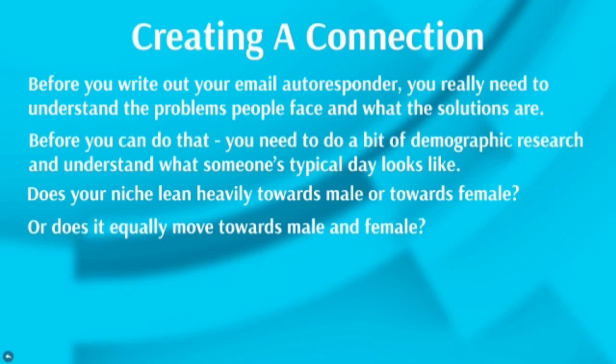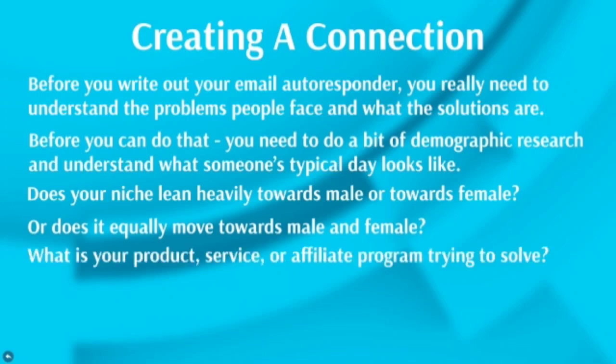But even 75%, you're kind of moving towards that 50% so that it's both male and female. But if it's heavily towards males or heavily towards females, 80% or above or 90% or above, then you want to jot that down. The next question is, what is your product or service or affiliate program trying to solve?